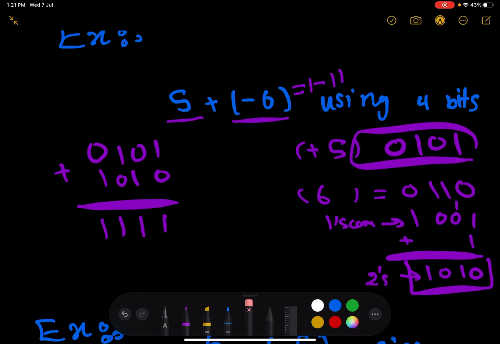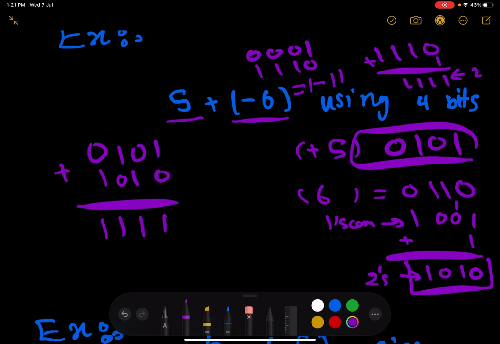So how can we represent 1 using 4 bits? In binary, it's 0001. Then here is our 1's complement, and for the 2's complement you add 1, so 1111. This is the 2's complement for 1. So the answer is correct, they are the same.